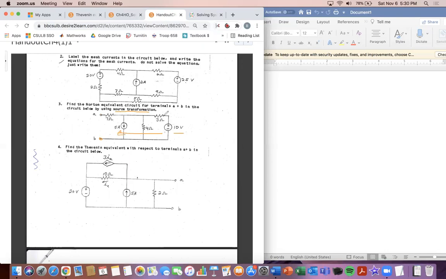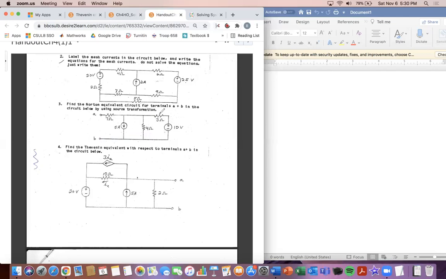Okay, so we have a voltage source and we have a series resistor. And so what I see here is we have another series, we have a parallel resistor, and then we have this current source. So what I'm going to want to do is create a conversion. So this 3 ohm becomes in parallel with this 4 ohm, and then I can combine them. And so what I'm going to do now is create a current source. So 10 volts divided by 3, because V divided by R gives current.